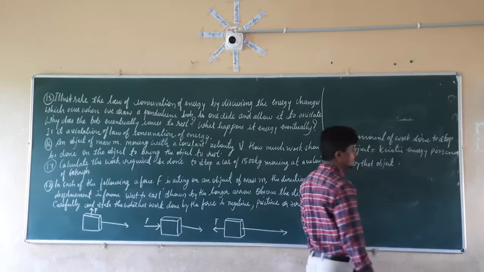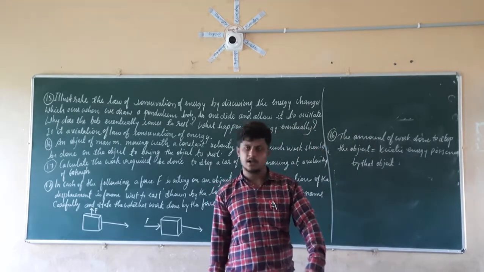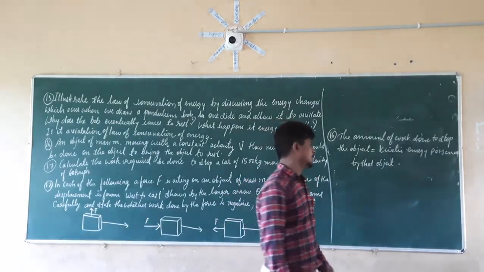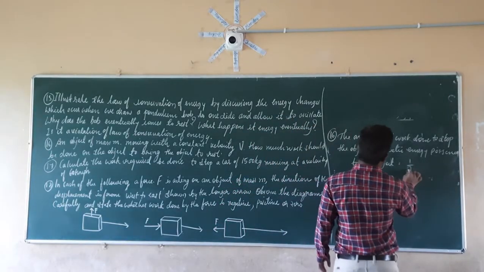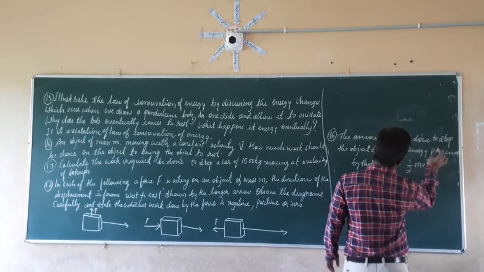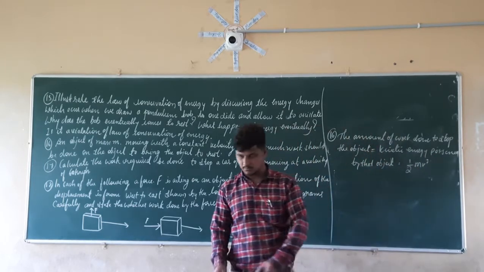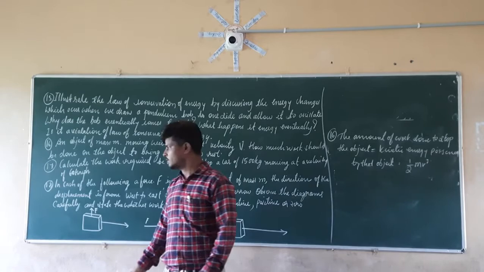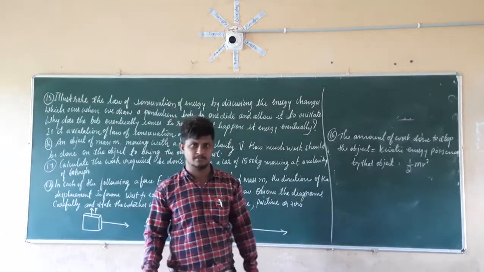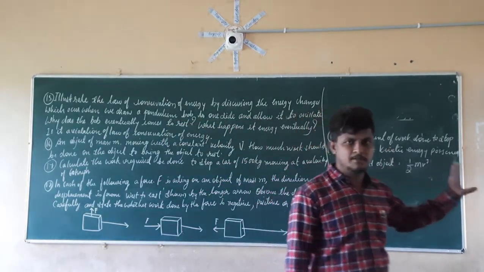We know the formula for the kinetic energy, that is half mv square. So that is the answer for the question number 60. I hope everything is clear up to this point.